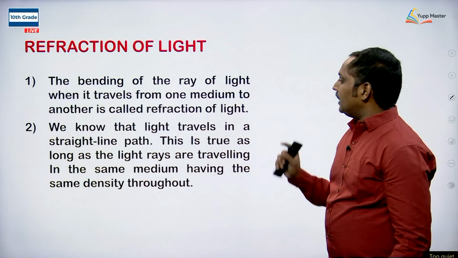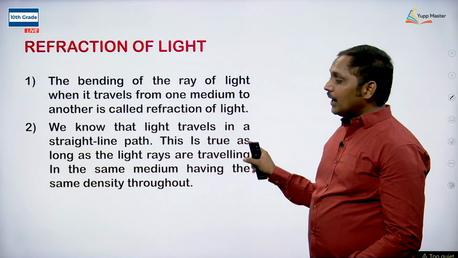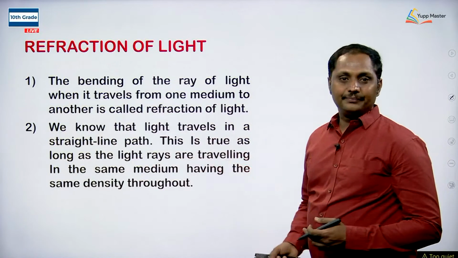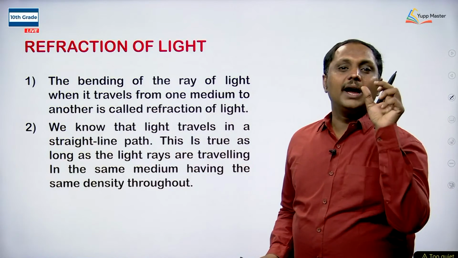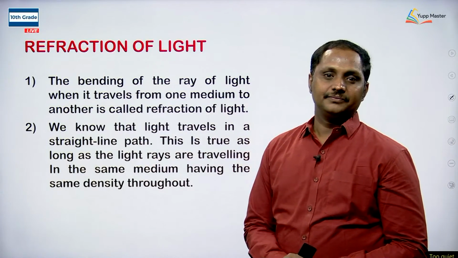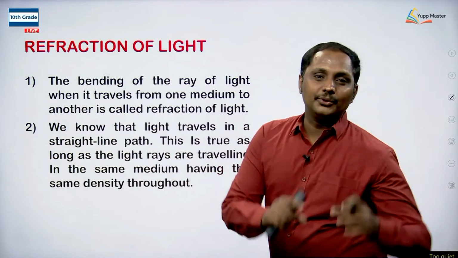So, we know that light travels in a straight line path, this is true as long as it is in the same medium, with the same density throughout the material.